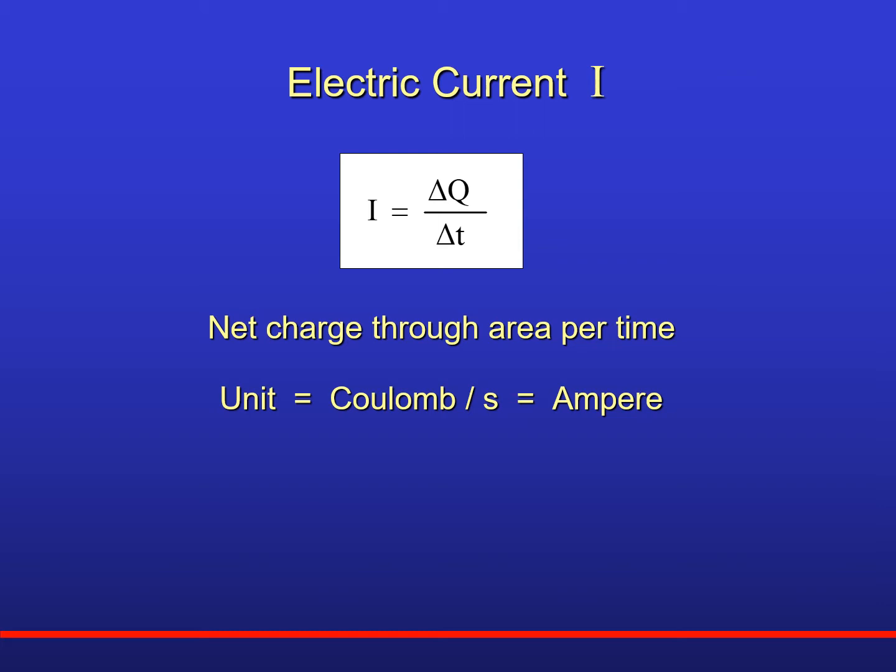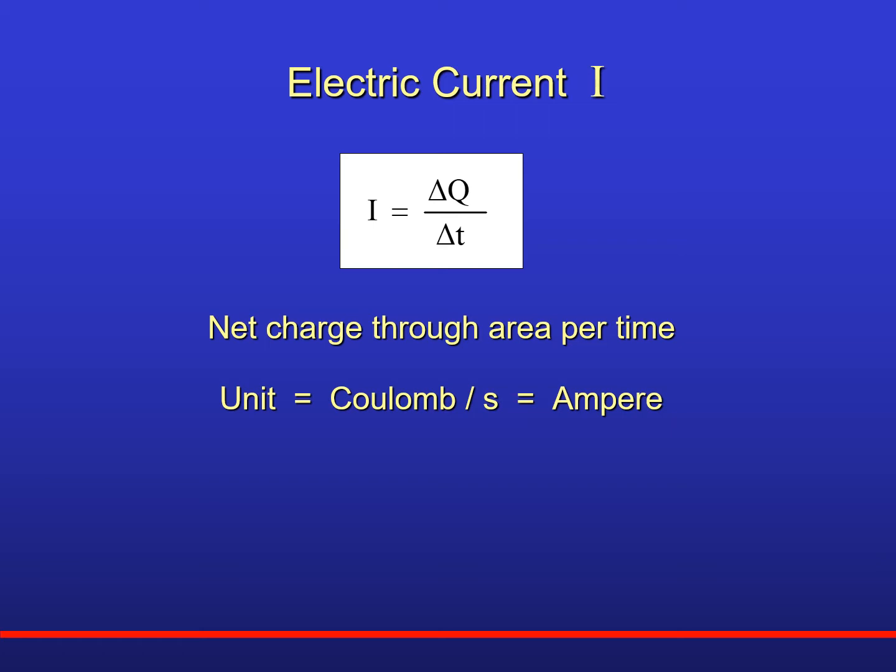Now, why an area? Don't we talk about a wire? Well, a wire has a cross-sectional area. Don't think of current as the velocity of a charge. An analogy would be to think of water. If you have a squirt gun, you might be able to spray a stream of water at a high velocity out of that squirt gun.